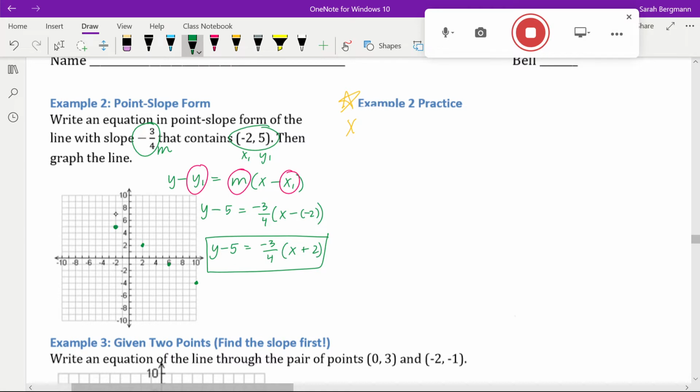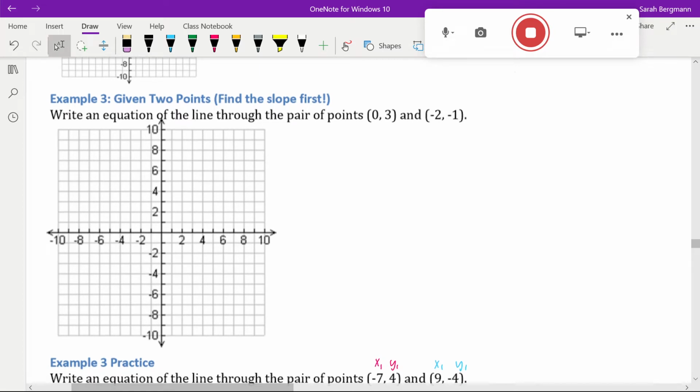Follow the pattern to the left by going up 3 over 4 to the left. Finally, connect the dots to form a straight line. Try the practice problem to the right on your own. This is your question of the day.